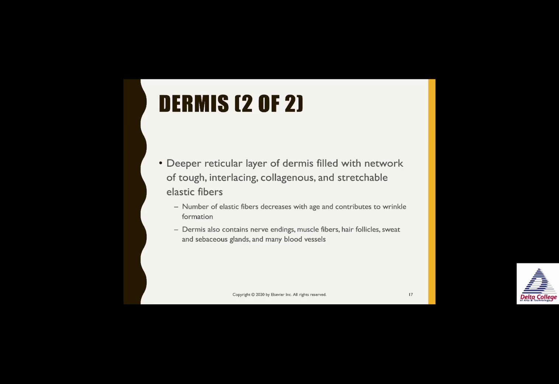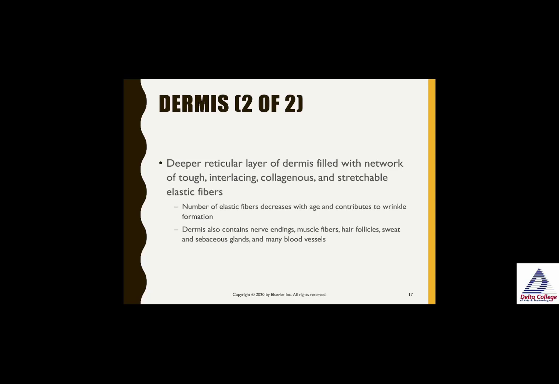There is a deeper reticular layer of the dermis that's filled with a network of tough interlacing collagen, think of collagen factories, and stretchable elastic fibers. The number of elastic fibers decreases with age and contributes to why we wrinkle.